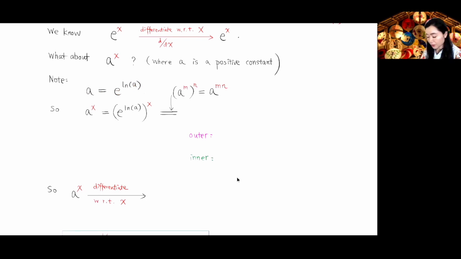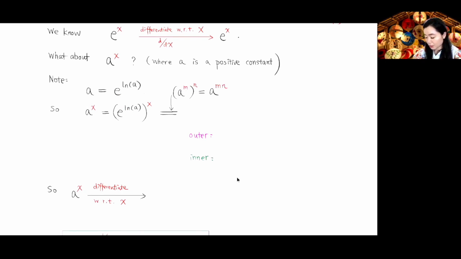So for a to the x, I can replace this a by e to the ln of a. Now, when you have this to a power and then this whole thing to the x power, remember the power of a power rule: we multiply the exponents. So we multiply this ln of a with x.